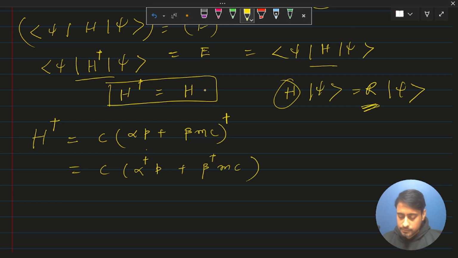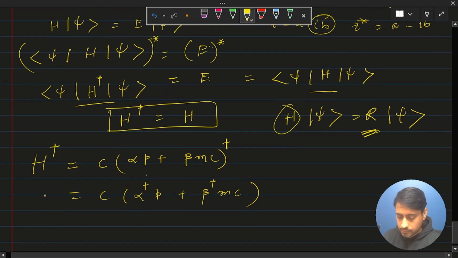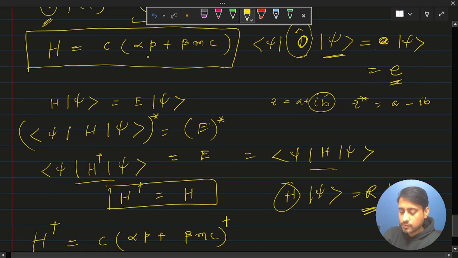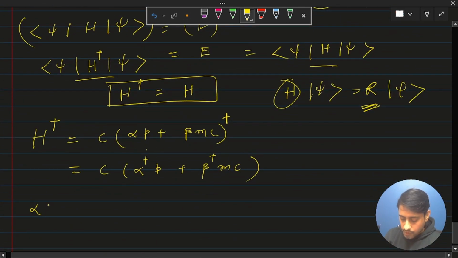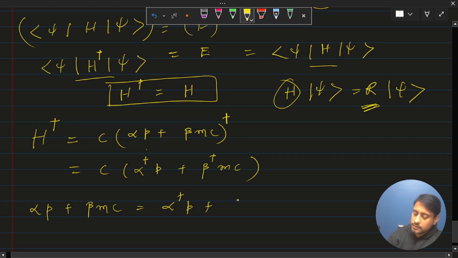The operators must be Hermitian, so H dagger must be equal to H. So this quantity must be equal to that quantity: alpha into P plus beta mc should be equal to alpha dagger P plus beta dagger mc.